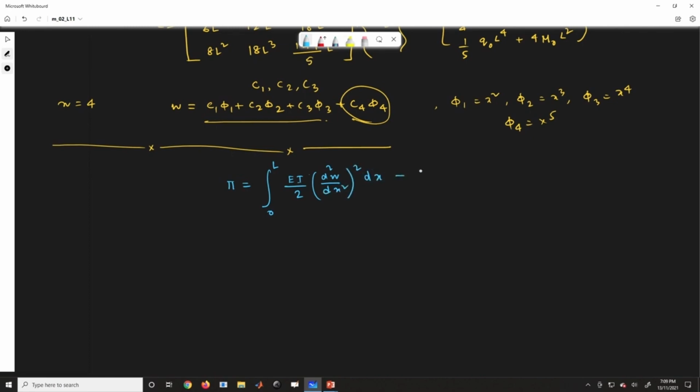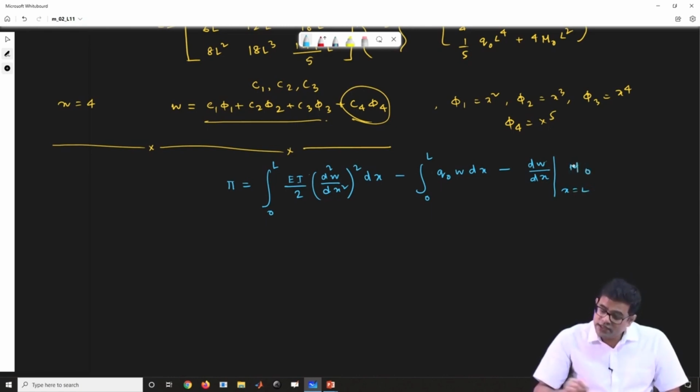This is integral 0 to L of q0 w dx, the work done, and then dw dx at x equals 0, and then dw dx at x equals L times m0, as in the previous problem. Now this is my potential energy.